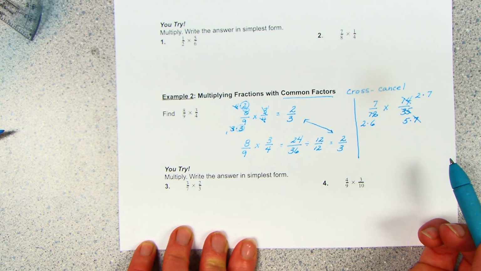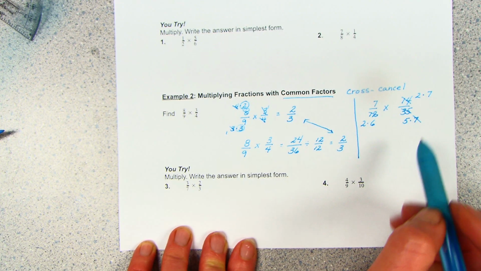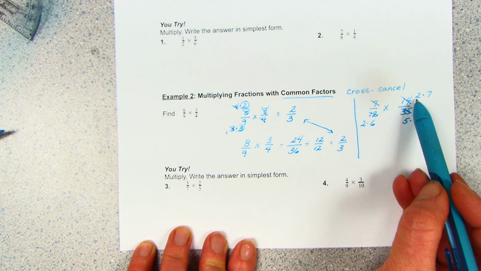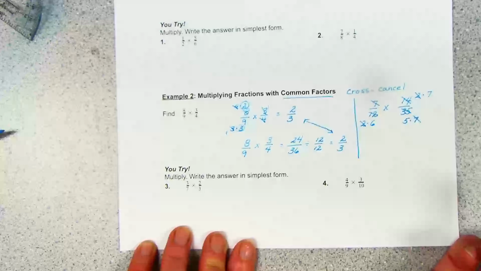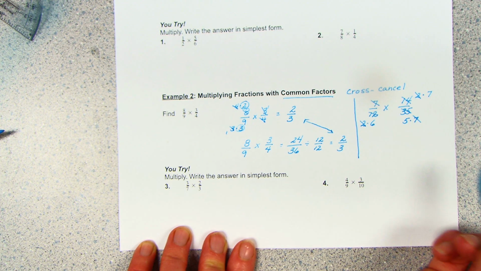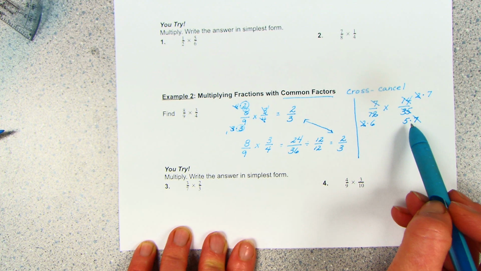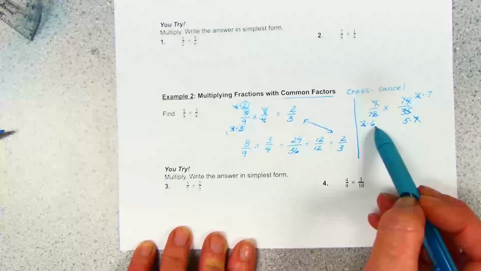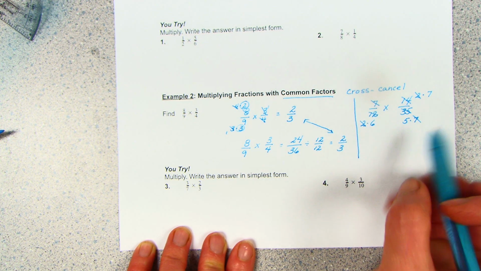You can cancel out either one, but you can't cancel out both. Any numerator with any denominator. So there's a 7, and here's a 7. I'll do that one. And let's see, here's a 2, and here's a 2. Are there any more common factors? I don't think so. 7's a prime number, so I can't break it down anymore. 5 is prime, and 6 is 2 times 3, but that won't go into 7, so I think I'm done. All right, so that's all gone except for the 7.